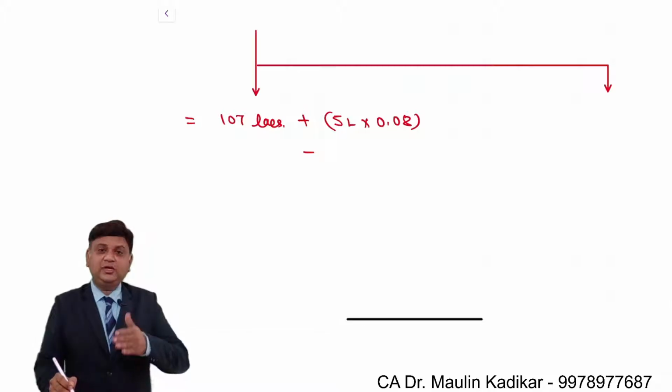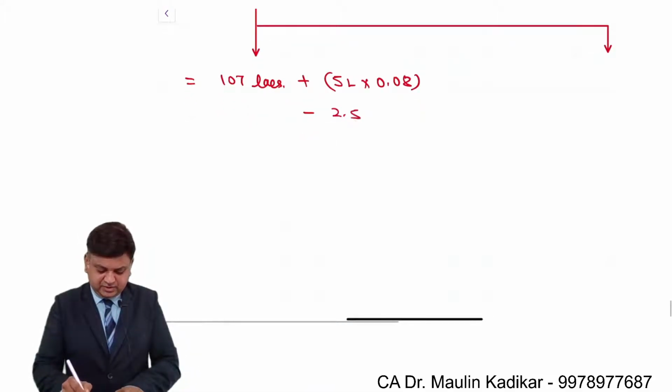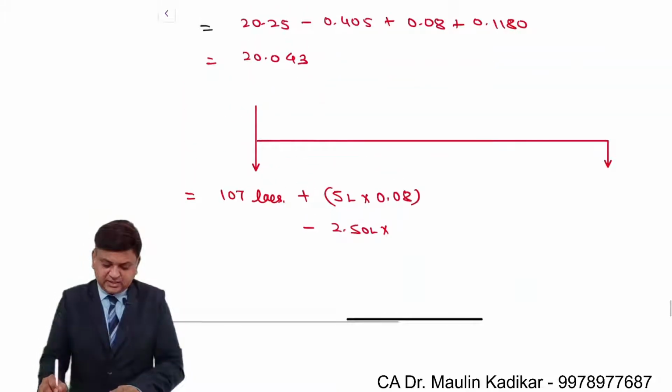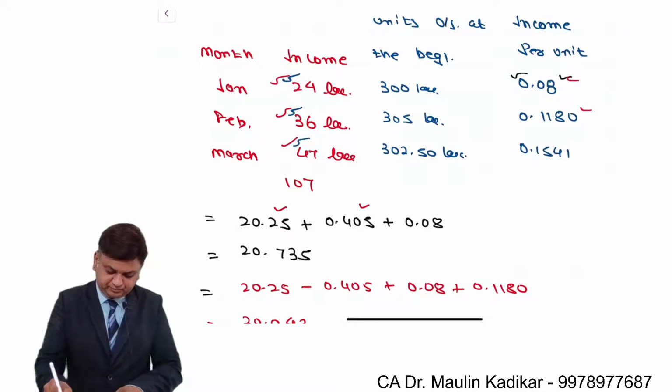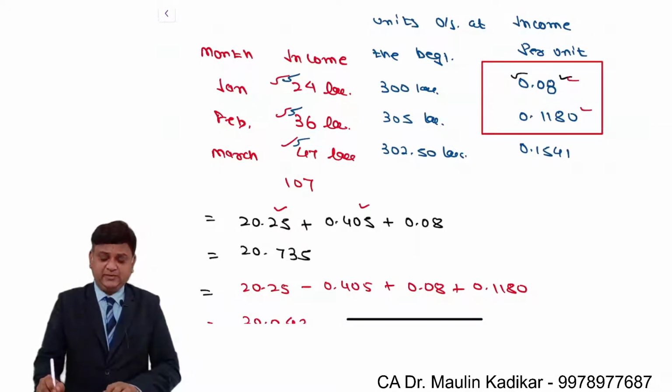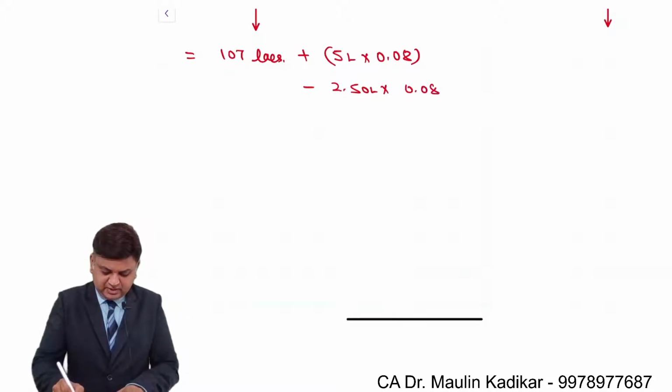Minus, you redeemed on 29th of February 2,50,000 units, and at that point of time you have paid this amount, that is 8 paise plus 11.8 paise. So it is 0.08 plus 0.1180.